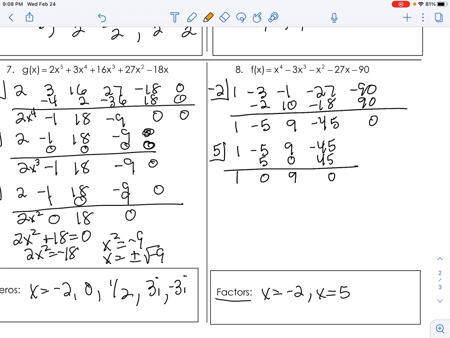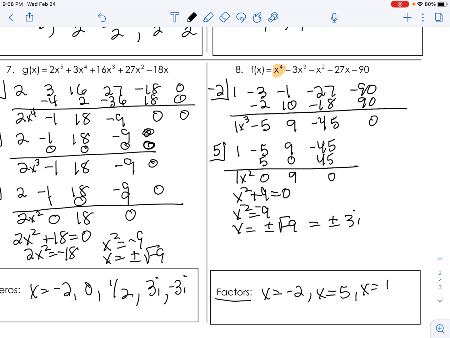All right, now again, the original polynomial was x to the fourth. That means that this one is x to the third, and that means this one is x squared. So I'm going to end up with x squared plus 9 equals 0, x squared equals negative 9, x equals plus or minus the square root of -9, which is plus or minus 3i.